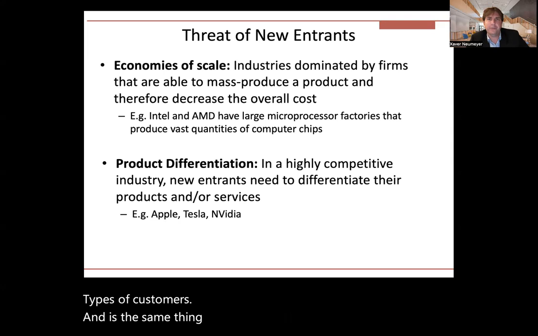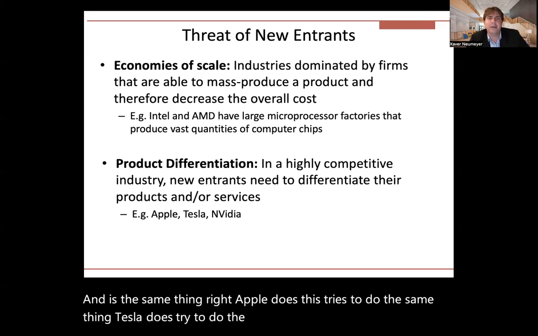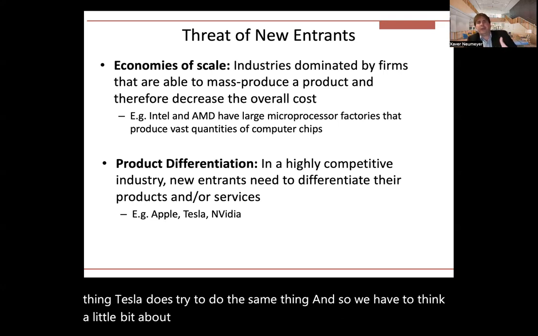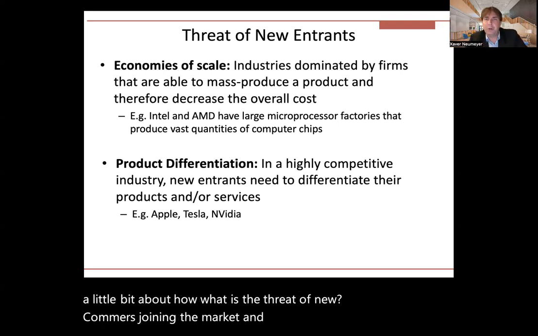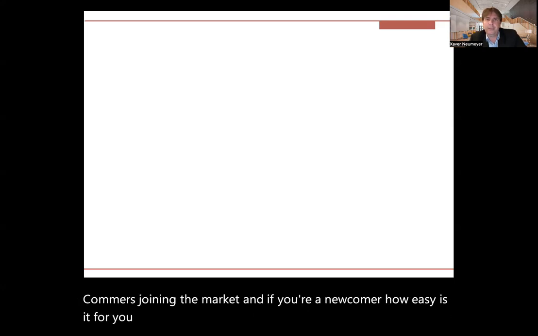Apple tries to do the same thing. Tesla tries to do the same thing. And so you have to think a little bit about what is the threat of newcomers joining the market? And if you're a newcomer, how easy is it for you to be in that industry?